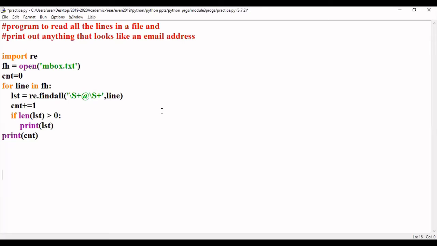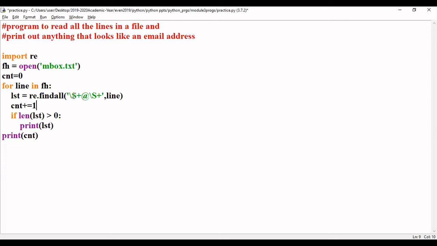Now we are looking for substrings that should start with either lowercase letters, uppercase letters or numbers, followed by 0 or more non-whitespace characters. Non-whitespace characters we already know, that we are using this, right? Now, apart from this, the email address will definitely have the @ sign and non-whitespace characters.